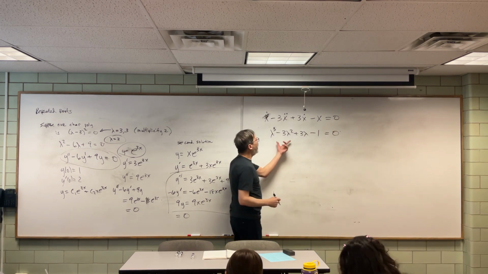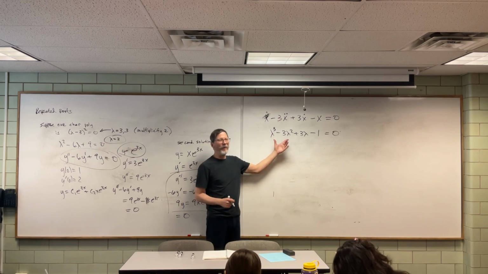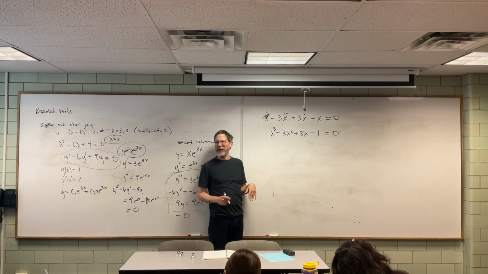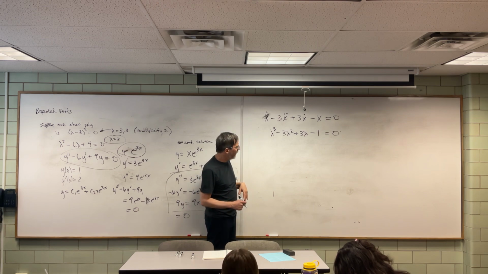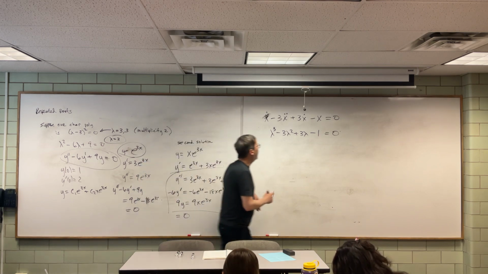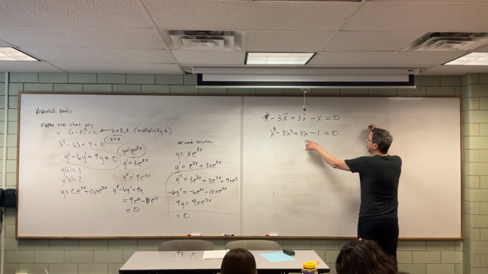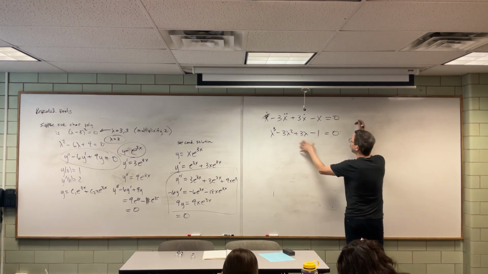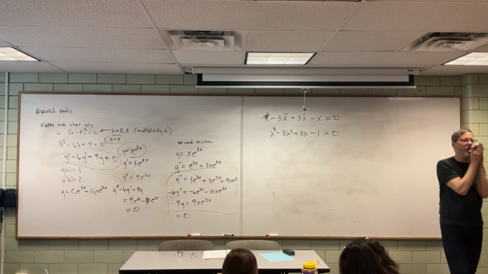Can't really play the game where we do the factoring, where you group the first two and group the second two together. Doesn't seem to be working, even though I'm a little shocked that it doesn't. Let's do some synthetic division. So if there are rational roots, what do they have to look like based on what we talked about today?